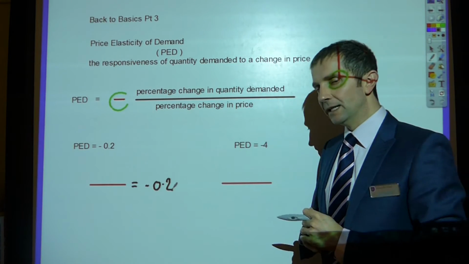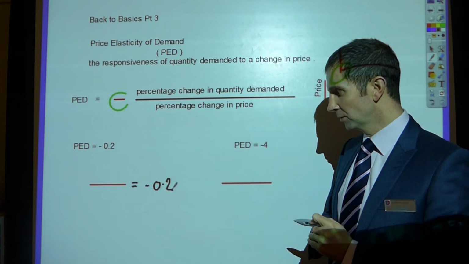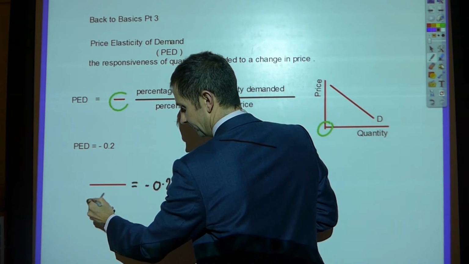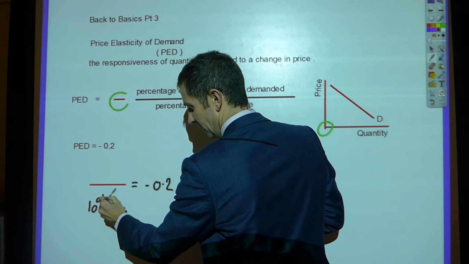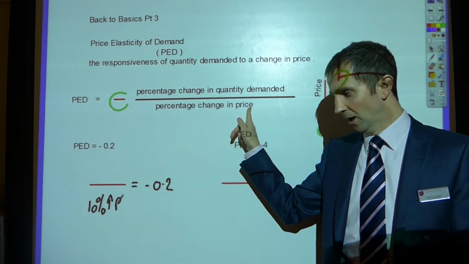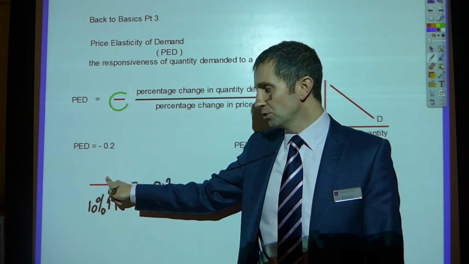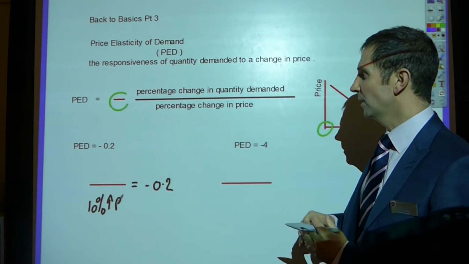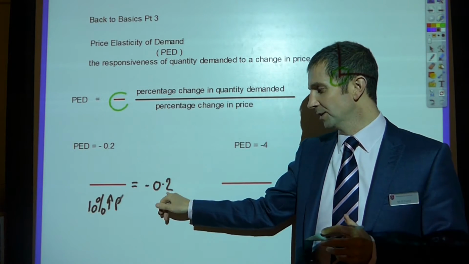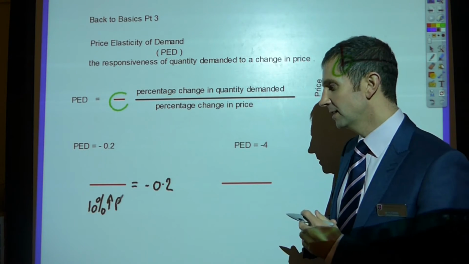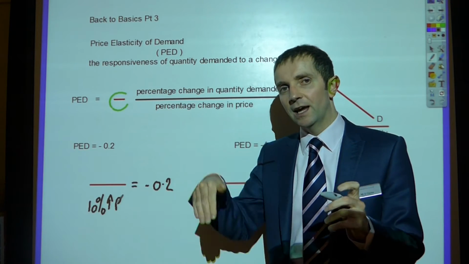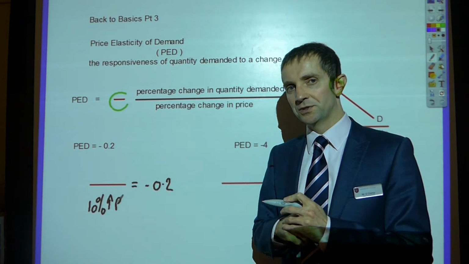Well, it means, and this is where the 10% rule comes in, if I had a 10% increase in price, bearing in mind that price is on the bottom line, what change would need to take place on the top line in order to give me an answer of 0.2? And obviously the answer is 2, but more than 2, it's a fall of 2%.